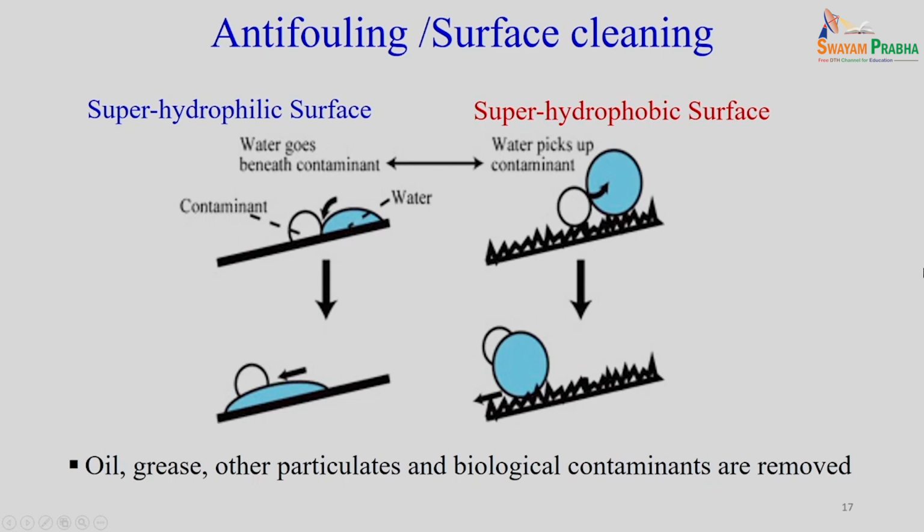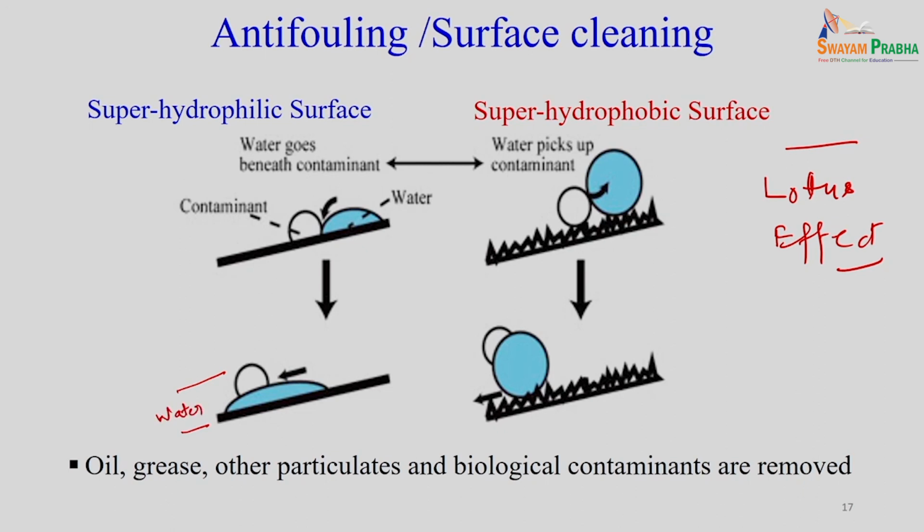Now, next we will discuss the anti-fouling or the self cleaning surfaces, as I talked about the lotus effect. So, if you have a super hydrophilic surface or a super hydrophobic surface, in case of a super hydrophilic surface there will be a water layer between the particle and the surface.